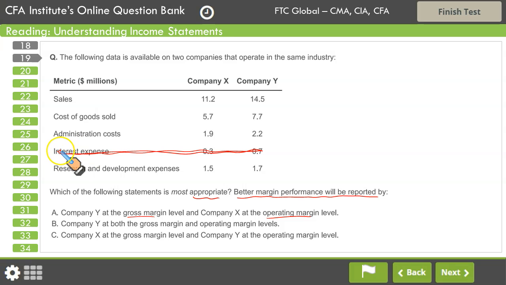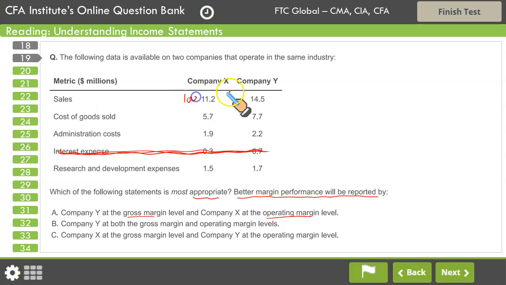So we need to exclude this from our computations in order to calculate your operating margin. Gross margin can be calculated from sales versus cost of goods sold, but for operating margin you need to take administrative cost and R&D; interest expense needs to be ignored. All right, let us convert this into common size.